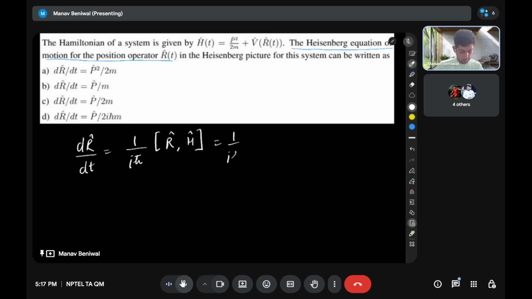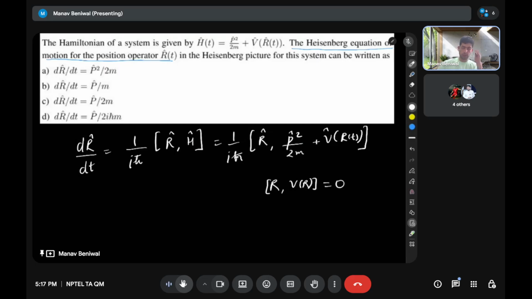So r remains as it is, and here we will have p squared over 2m plus v, which is a function of r. Now since v is a function of r, its commutator will go to 0. So r comma v of r will go to 0 because both have this r dependence. So the only term that will be left is this commutator of r with p.